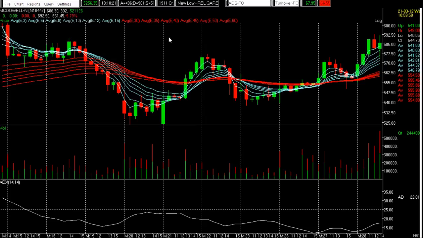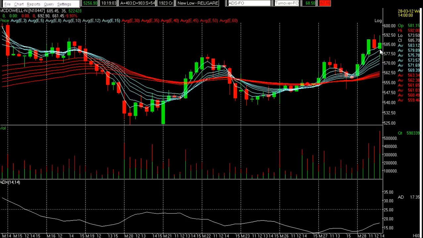So let's see. The first step is to manually scan all those stocks out there and see whose value is more than 30. And here I am choosing a 60-minute time frame because I am a short-term trader. I take a trade for a max of a day or two.